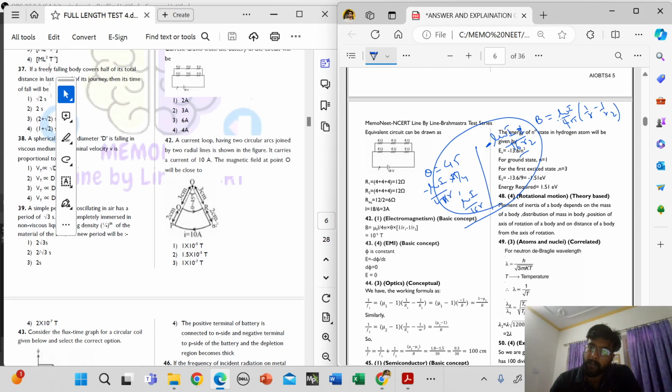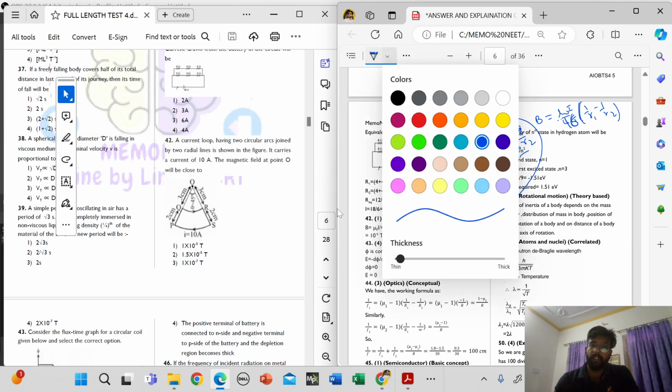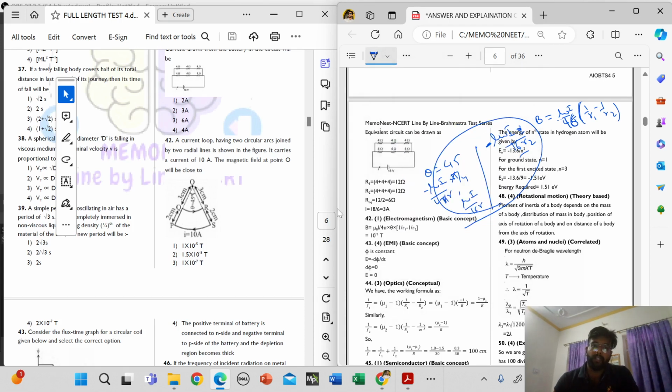By putting the value of I, that is 10, and mu naught upon 4 pi as 10 raised to power minus 7, and the values of R1 and R2 that are given, we get the value of the magnetic field as 10 raised to power minus 5.